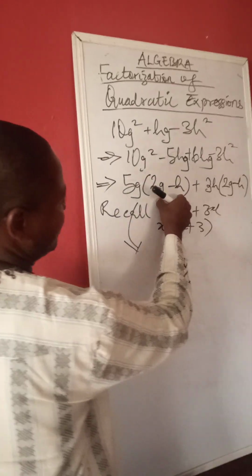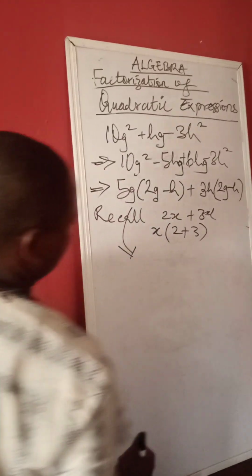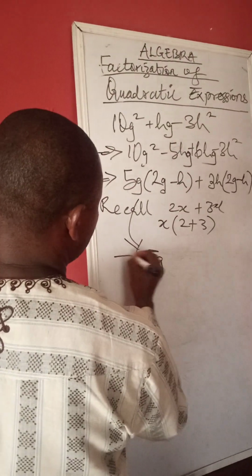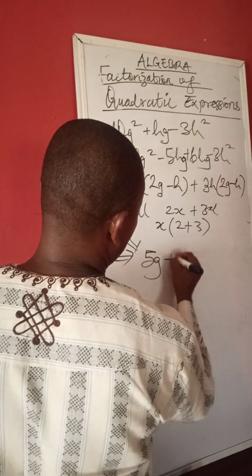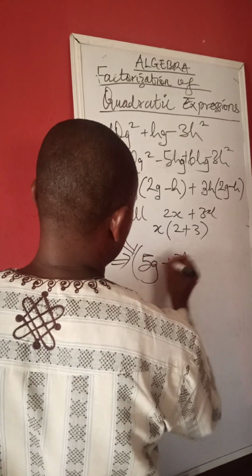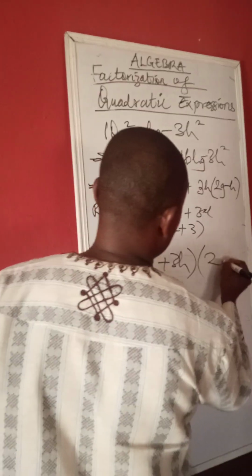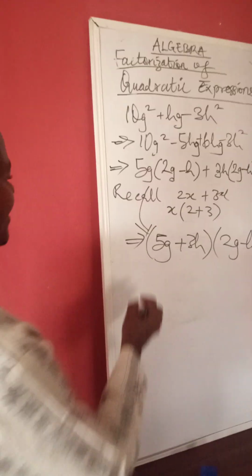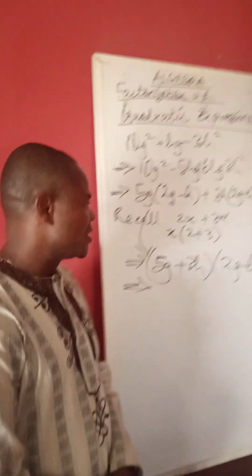You have 2g minus h here, and 2g minus h here, which implies I can now have 5g plus 3h, of course, into 2g minus h. That is the factorization of the quadratic expression.